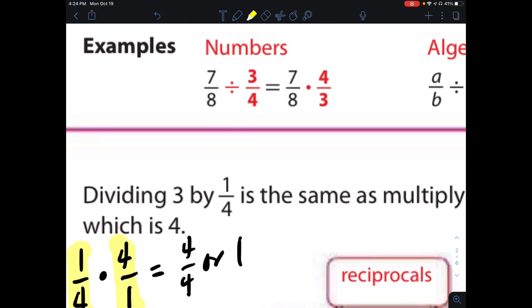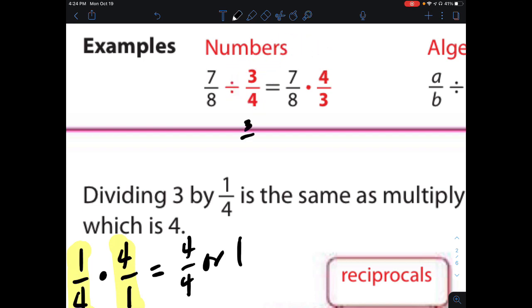When I divide 7/8 divided by 3/4 right here, I am changing my division into multiplication, and I'm getting the reciprocal, or the multiplicative inverse, of 3/4, which is 4 over 3. Why?